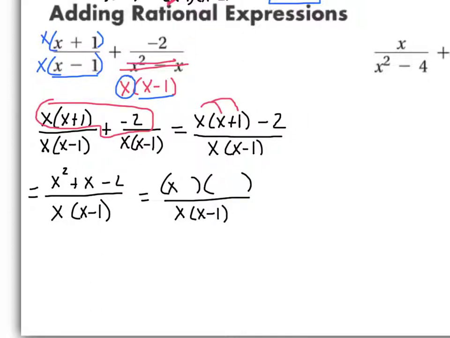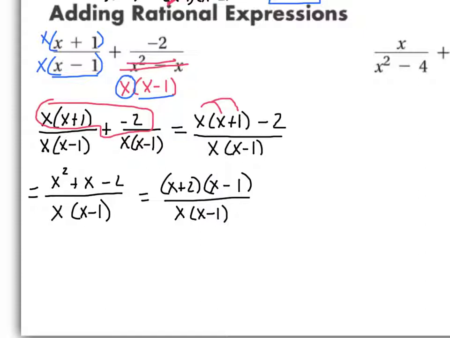So let's see here. We're going to have an x and an x, and now we want two numbers that multiply to give us -2, but add together to give us a +1. So multiply to give us -2, add to give us a +1. It must be +2 and -1.